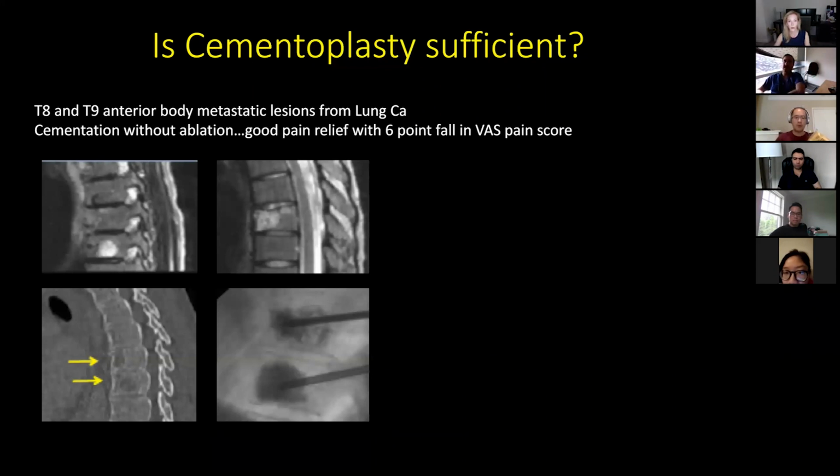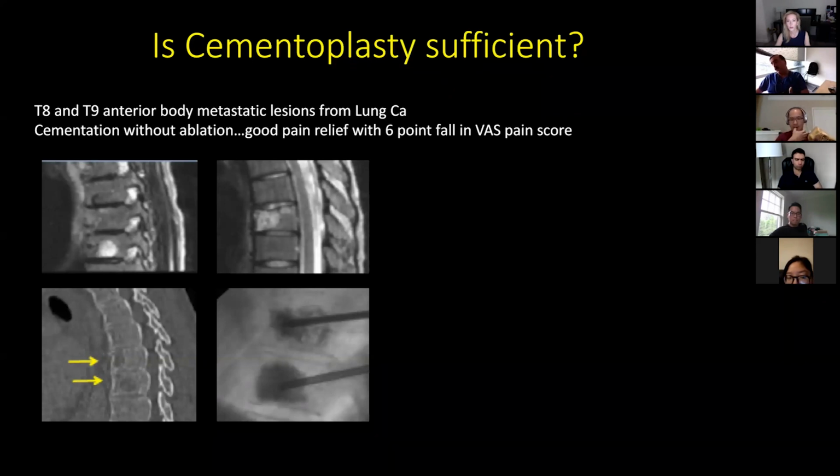Why do you have to ablate also? Because when you put in the cement, and as the cement polymerizes, it does generate heat, and it goes up to about 50 to 60 degrees, 55 degrees centigrade. So it does cause some coagulative necrosis of the tumor cell as such.